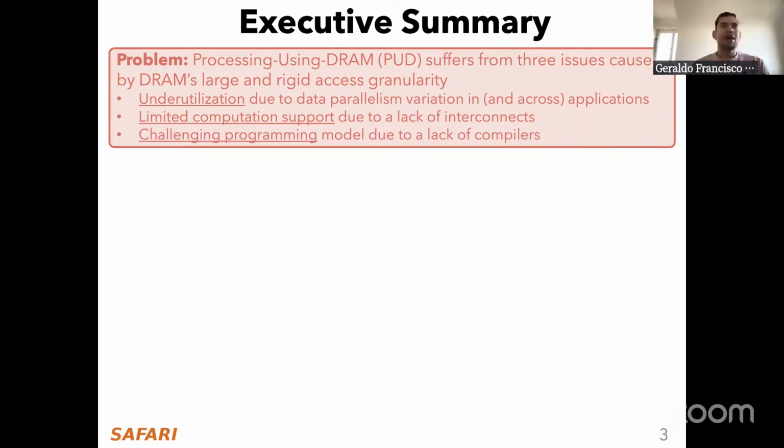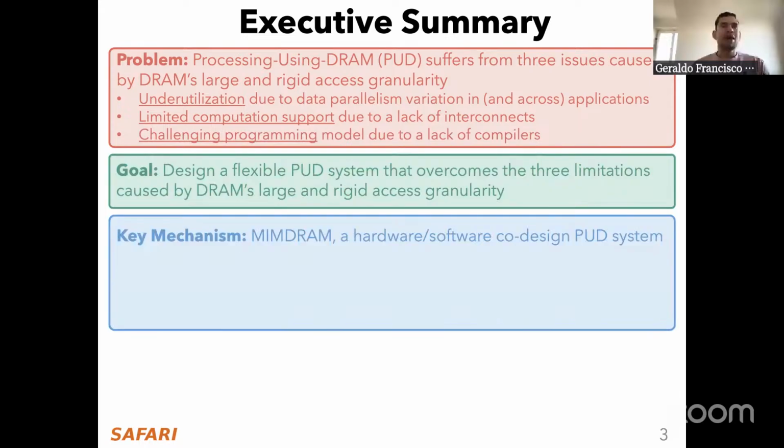To this end, we propose MIMDRAM, which is a hardware-software co-design processing using DRAM system. So the key idea of MIMDRAM is to leverage the fine-grained DRAM access and activation for processing using DRAM operation. So that is the ability to access only a fragment of a DRAM row during a DRAM row access or an activation. So we leverage this key idea in both hardware and software.